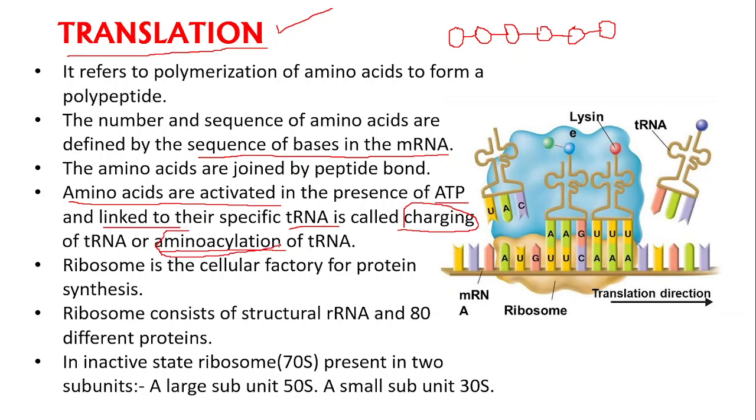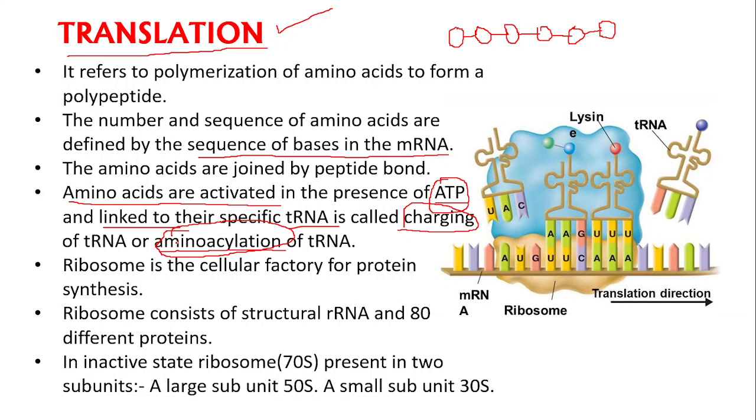What do you mean by amino acylation or charging of the tRNA? Very simple. Before initiation of translation, the amino acids will get activated in the presence of ATP, and the activated amino acids will go and bind to specific tRNA molecules.